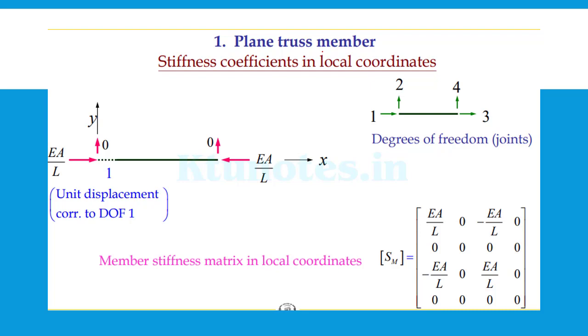Now we are moving to some formulations. As the first one, the plane truss member. For the truss member, always note that there is no rotation. There will be the displacement along the axis, as well as vertical displacement for both ends of the truss member, and the stiffness coefficients in the local coordinate are given as 1, 2, 3 and 4, which are the degrees of freedom for the joints.